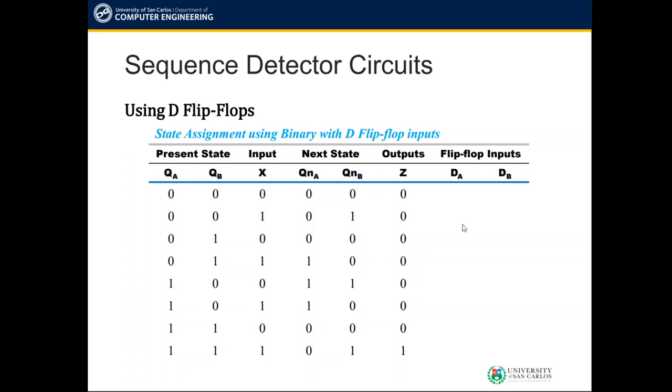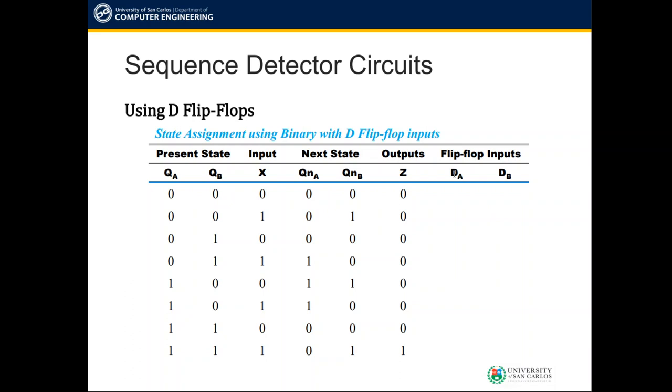So what we want here is to find the flip-flop inputs. What we already have is your present state and next state outputs for your D flip-flop. The inputs are the missing piece.